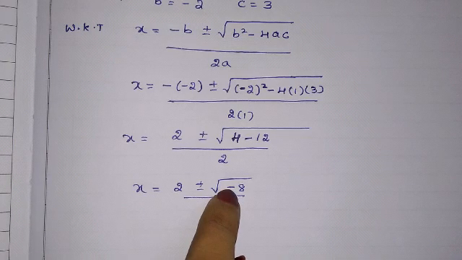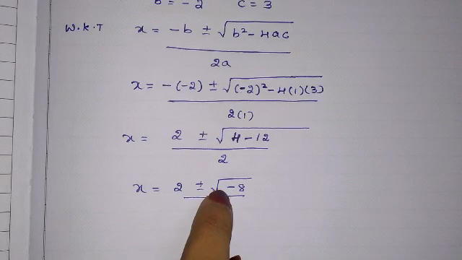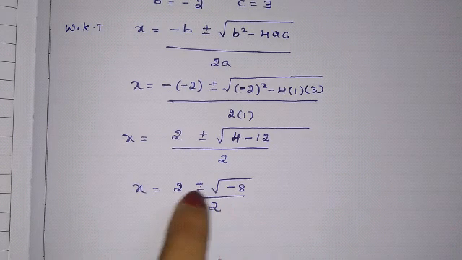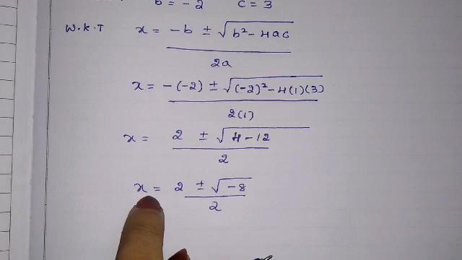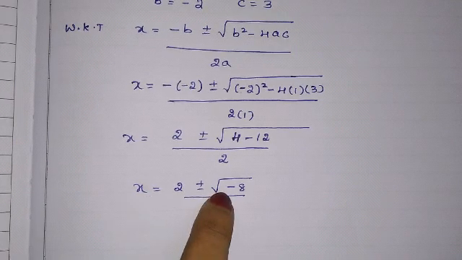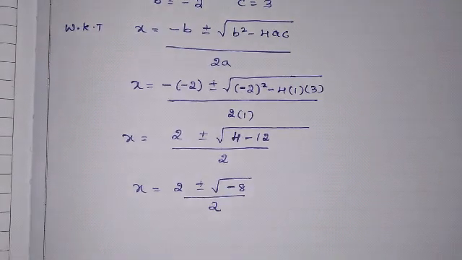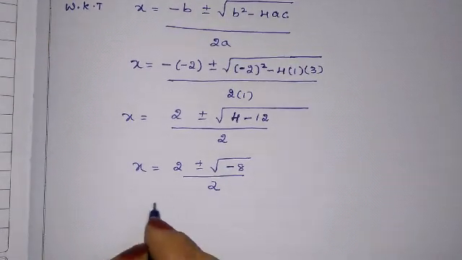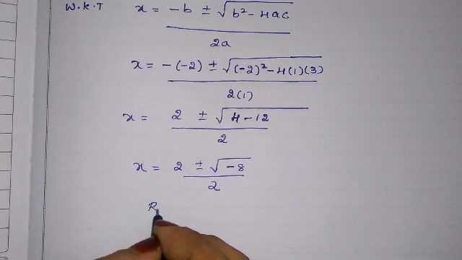In this formula, we always find the roots, the x values. Here we cannot find, we have to stop here only because we got a negative number inside the root. Therefore you have to write, roots does not exist.